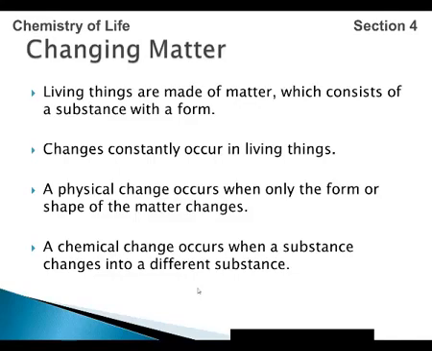A physical change occurs when only the form or shape of the matter changes, and a chemical change occurs when a substance changes into a different substance. So here in a second, we're going to observe a chemical change, and we're going to compare that to a physical change of the same substance. In this case, we're going to actually burn paper and we're going to tear paper.